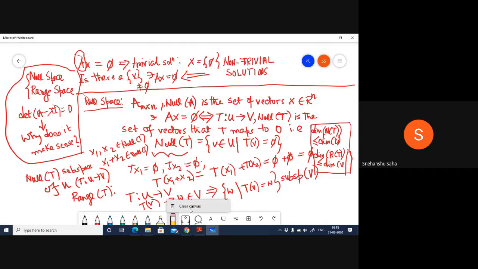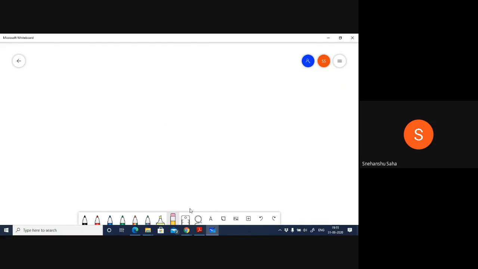So let me clear the canvas. Please remember this definition of null space and range. Let's look at a simple example. Let's evaluate the null space of the following matrix. I give you a matrix A, which is 1, -7, -3, 21, and you can immediately see that this is not a full rank matrix.